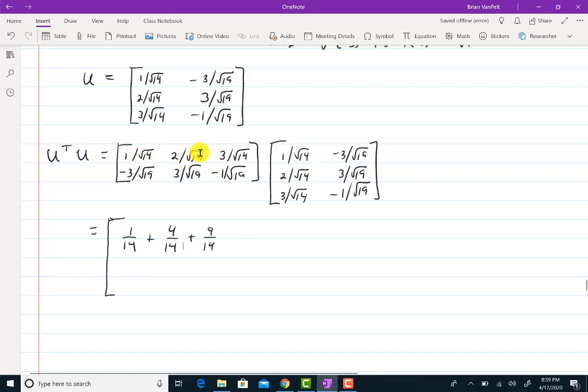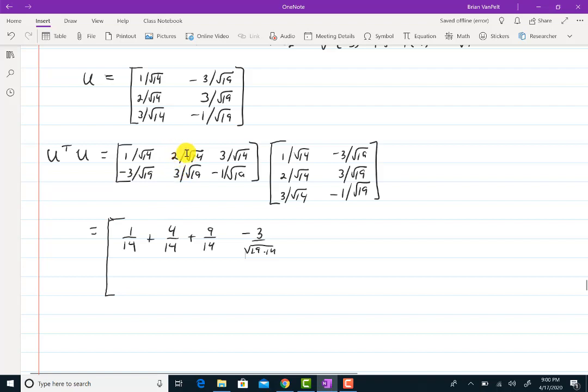All right, let me go ahead and do this row now times this column. So I'll get 1 over radical 14 times negative 3 over radical 19. That will be negative 3 over radical 19 times 14. I'm not going to bother multiplying it out because I anticipate these things will end up coming to 0 anyway. Now, what's next?